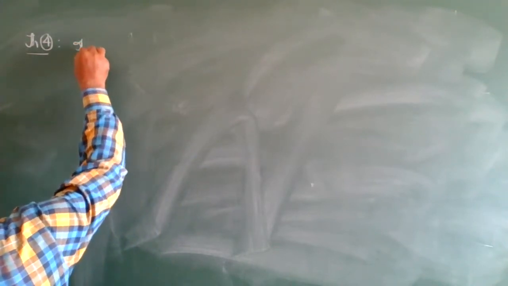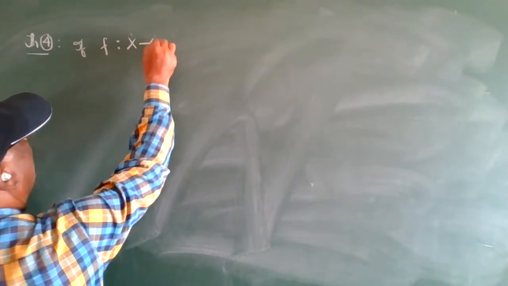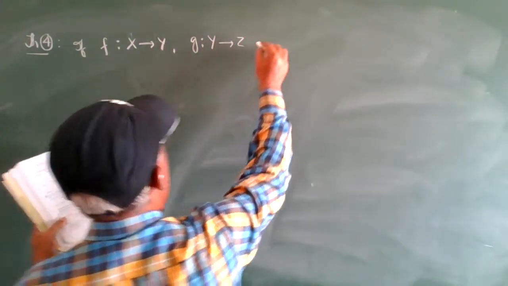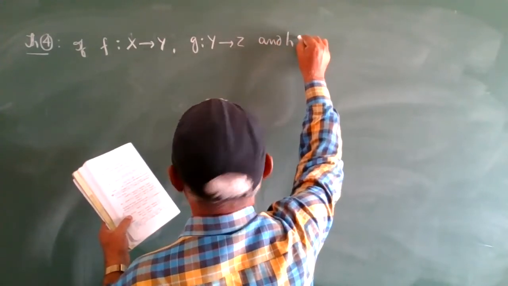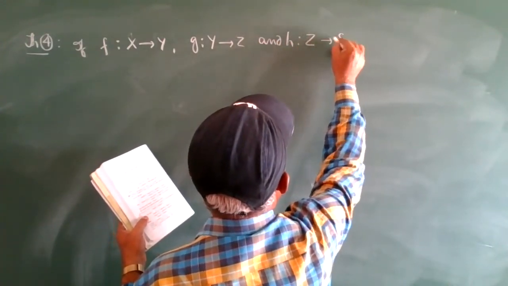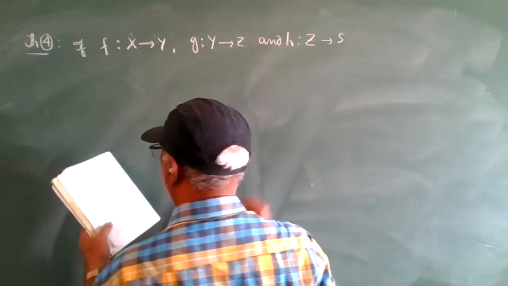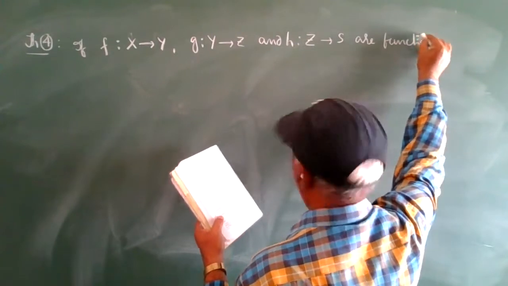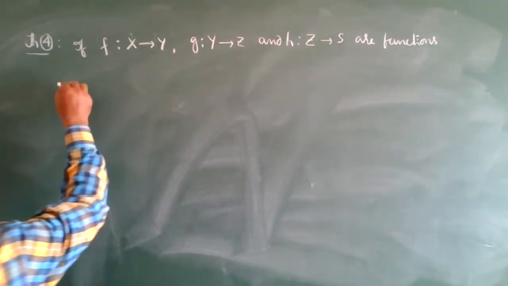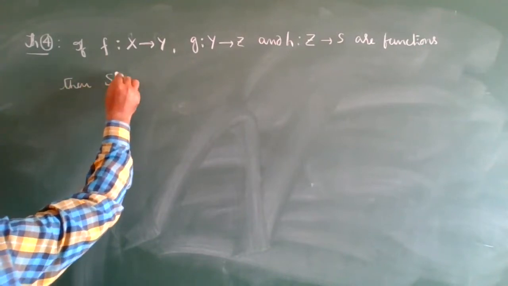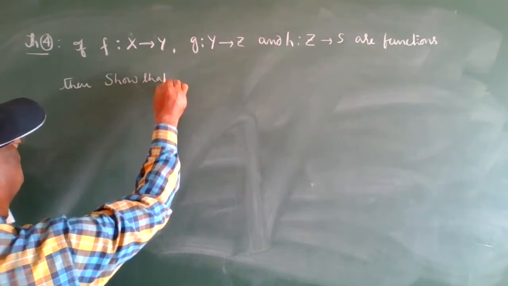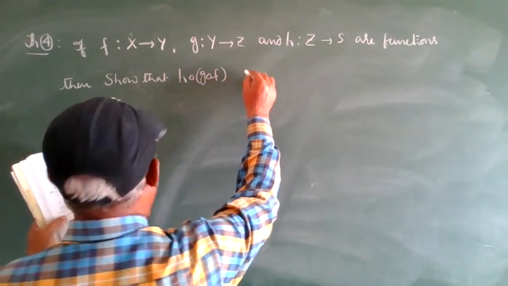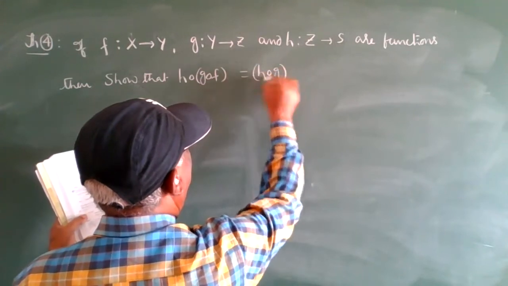If f is a mapping from X to Y, and g is a mapping from Y to Z, and h is a mapping from Z to S, are functions, then show that h circle g circle f is equal to h circle (g circle f).